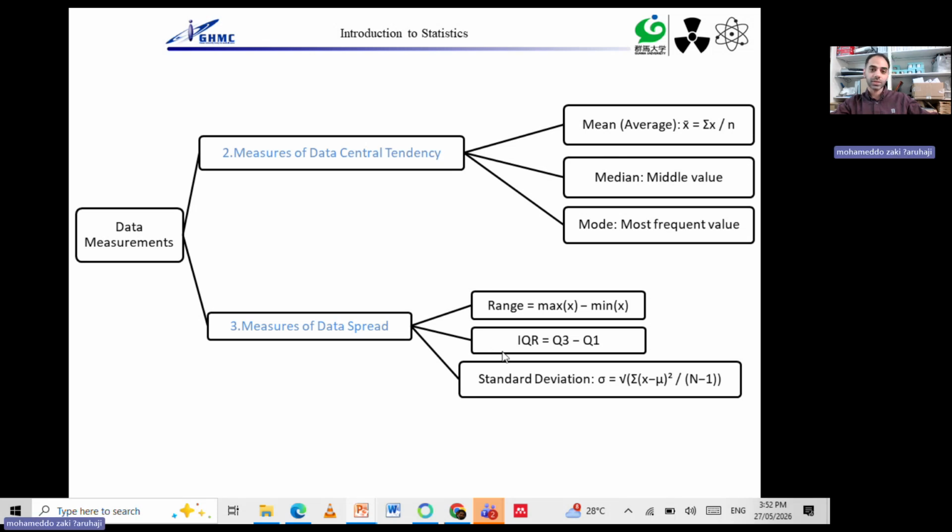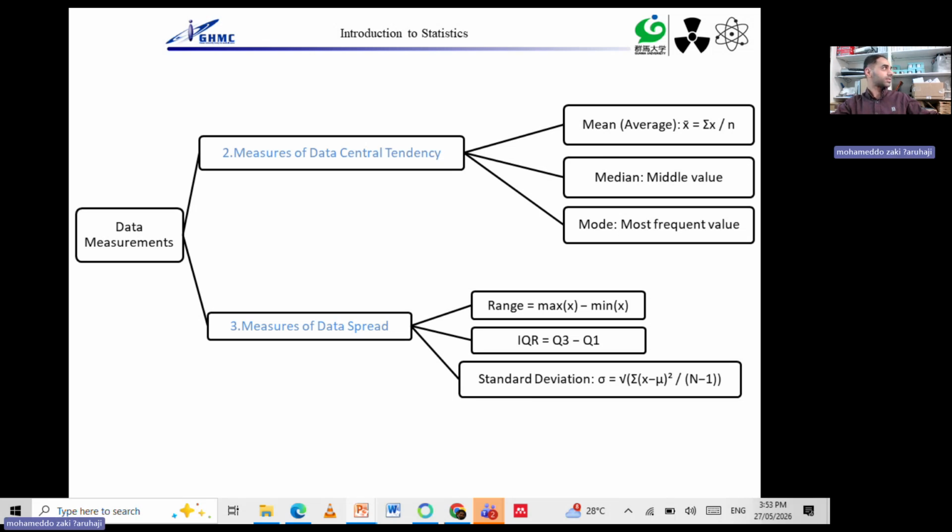These are the three things. So mean, median, mode allow me to measure the central tendency. Range, IQR, standard deviation allow me to measure the data spread.